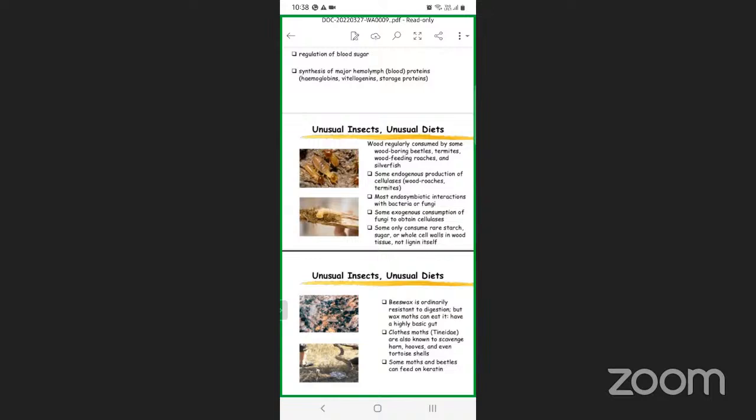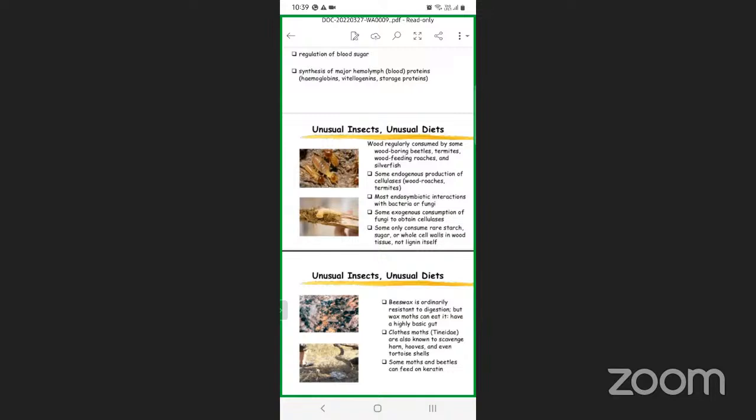Parasites. Example, Pediculus, human lice. Cimex, bed bugs. I think these are all known species to us.